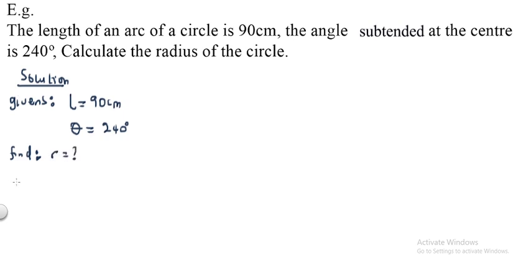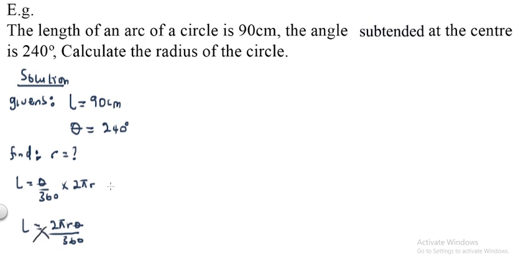The formula we know for this is L is equal to theta over 360 times 2 pi r. We know L, but we don't know r. The best thing we can do is to make r the subject of the formula. To do that, you can write this as L is equal to theta times 2 pi r, which is 2 pi r theta over 360.